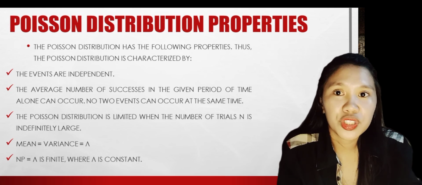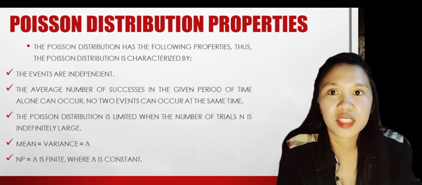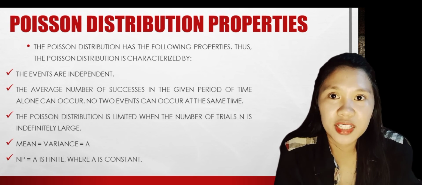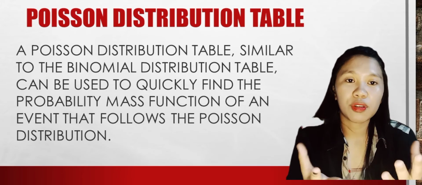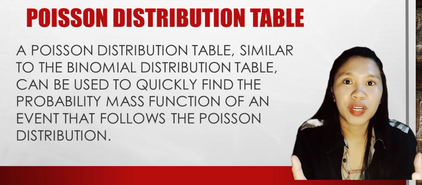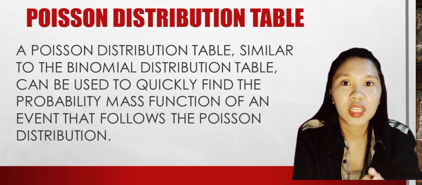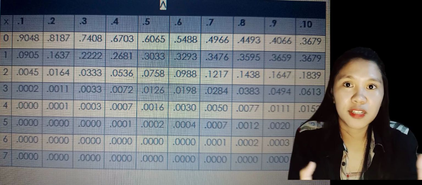The Poisson distribution is a limit when the number of trials is indefinitely large. So mean equals variance equals lambda, and np equals lambda, where lambda is constant. There is also a Poisson distribution table, similar to the binomial distribution table, that can be used to quickly find the probability mass function of an event that follows the Poisson distribution.